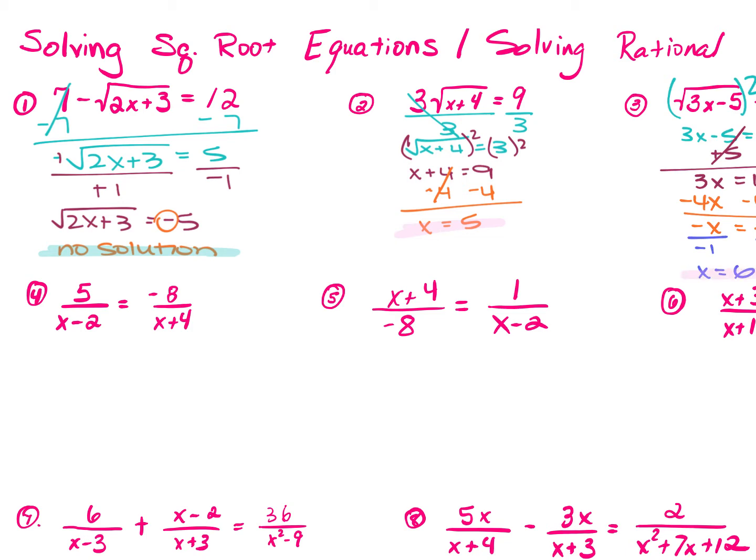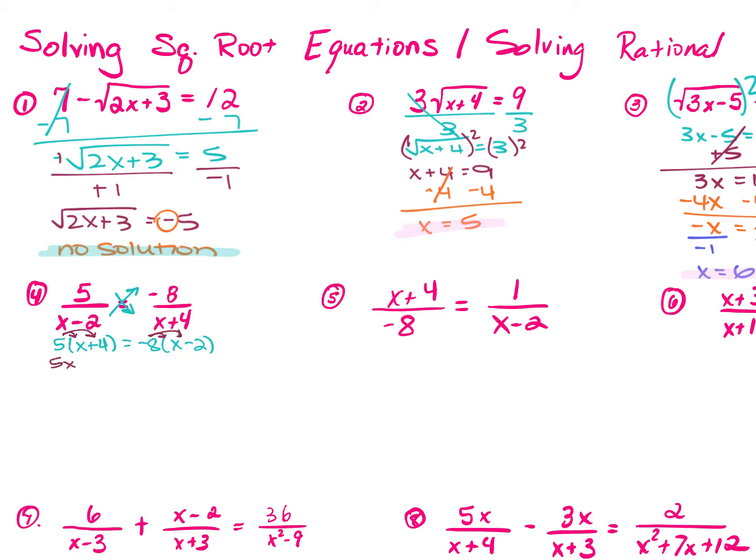For number 4, we have a fraction is equal to a fraction. For this one, yes, exactly, we're going to cross multiply. So this is going to give us 5 times x plus 4 is equal to negative 8 times x minus 2. We're going to distribute the 5 in. We're also going to distribute that negative 8 in.